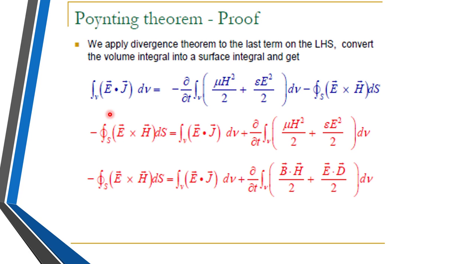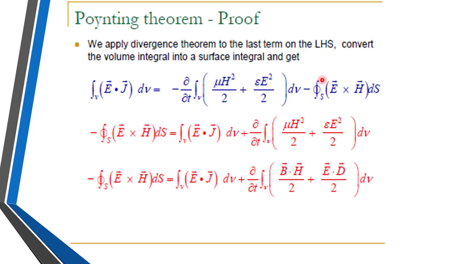Then our e bar dot j bar volume integration, e bar dot j bar into dV, is equal to, the first two terms kept as they are, minus dou by dou t of the integration over volume of mu h square by 2 plus epsilon e square by 2 into dV, minus, now converting this into a surface integration, the surface integration of E bar cross H bar into ds.